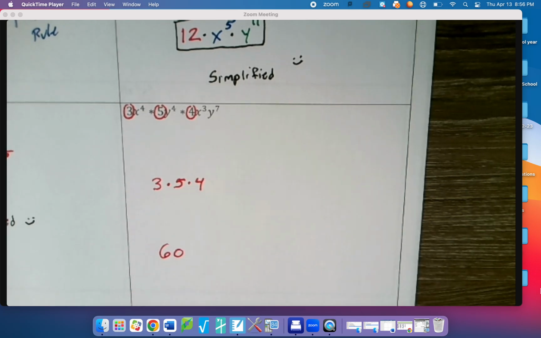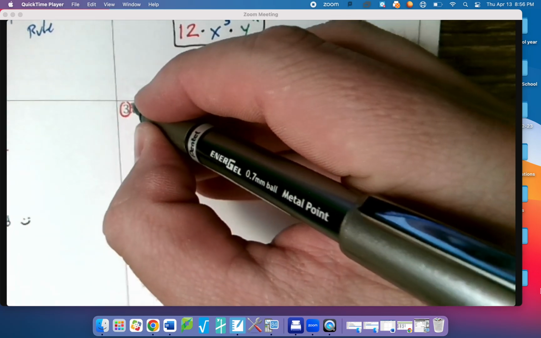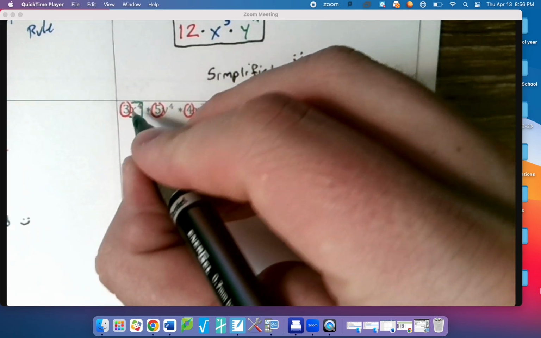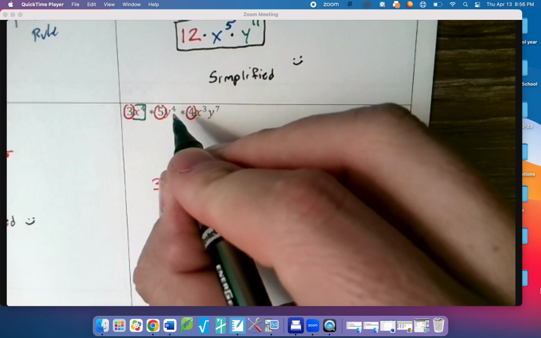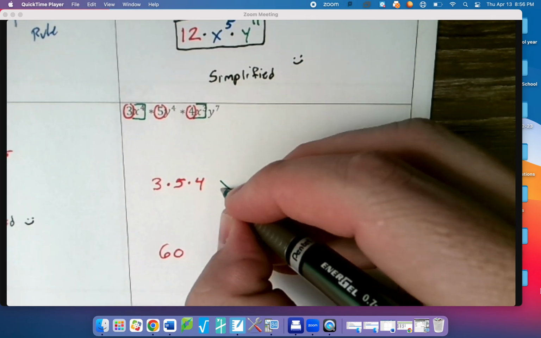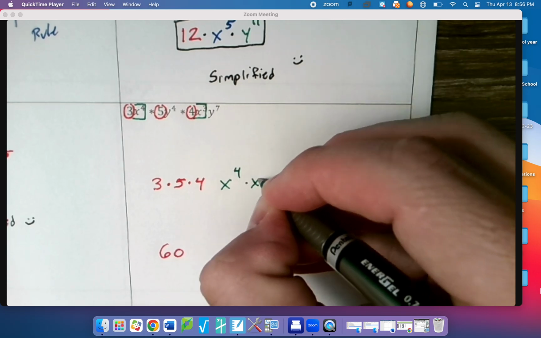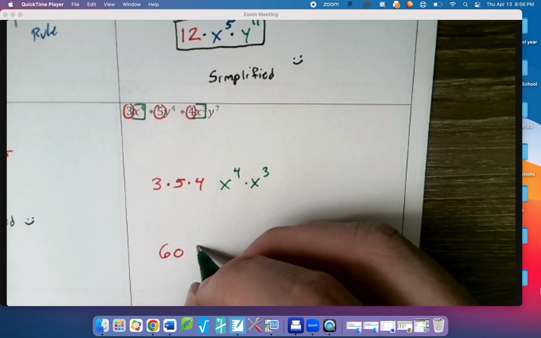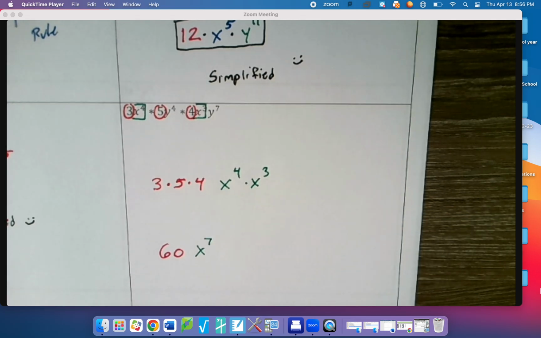From there, I'm done with the numbers. I'm now going to look for my x's. So I've got x to the fourth, not that one, and x to the third, which means I've got x to the 7th.